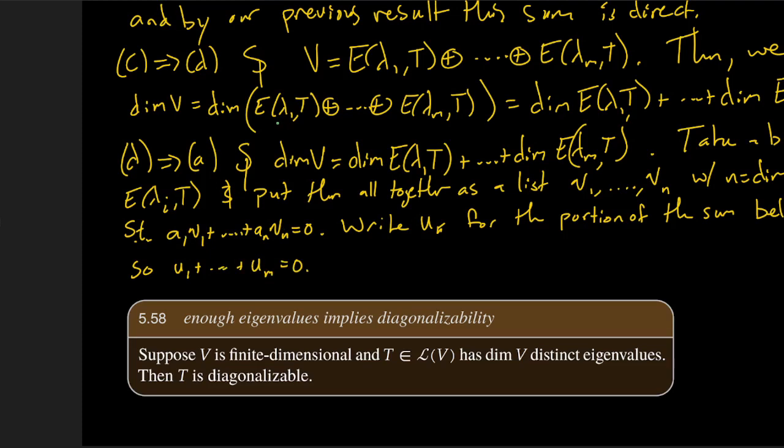Some of these, it might be like v1, v2, and v3 all belong to E lambda 1 T, so to that first eigenspace. Since we're just taking a basis for each one of them and putting them all together into a big long list, just grouping the chunk that comes from each eigenspace along with its coefficients, we can rewrite this as a sum of things from each one of those.